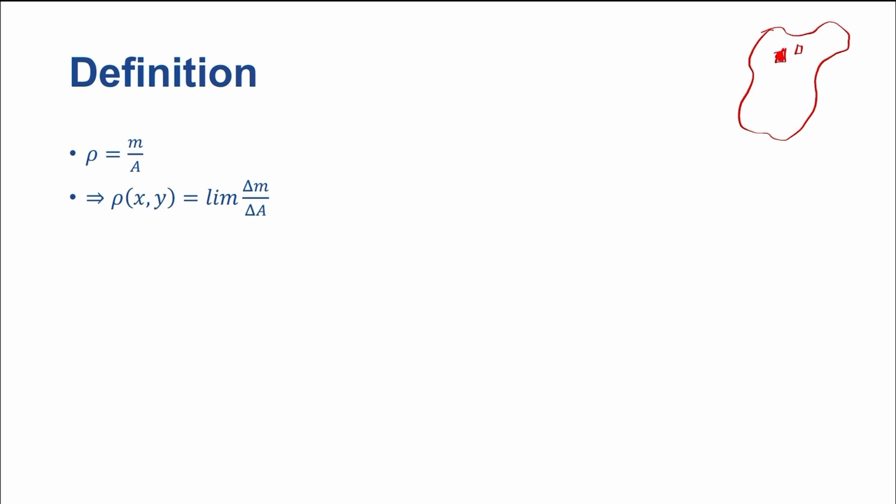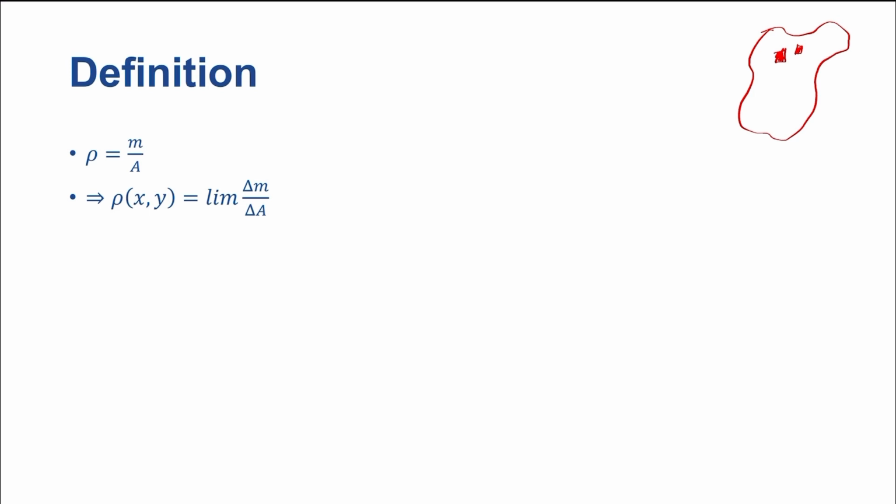Then I take a little area here, and I determine its mass. Then I make these areas a lot smaller, and the end result will be a function that describes my density if I take the limit of the difference in mass divided by the difference in area. Anyways, that's how we can get the density function.